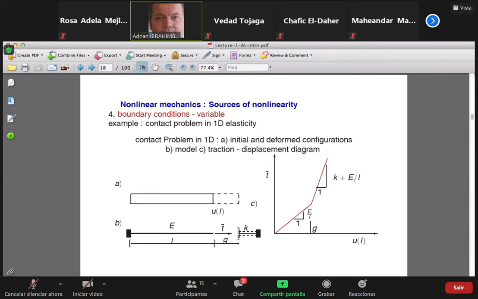So once the bar, which is being extended, comes into contact with this spring, then together bar and spring are resisting any further increase of the loading. So instead of having this slope, which is only E over L, the stiffness of this bar, you now have the slope K plus E over L, where K is the stiffness of the spring representing the obstacle. So basically, it becomes much stiffer.